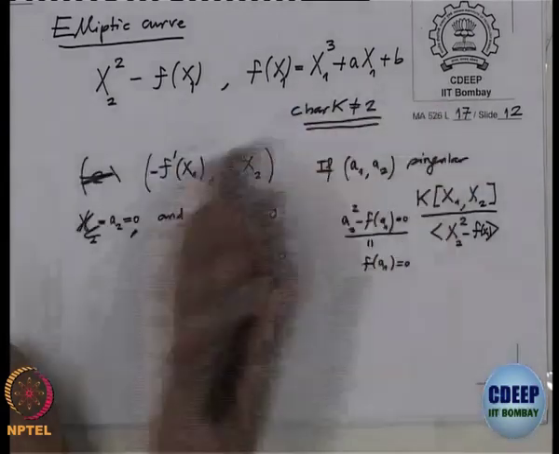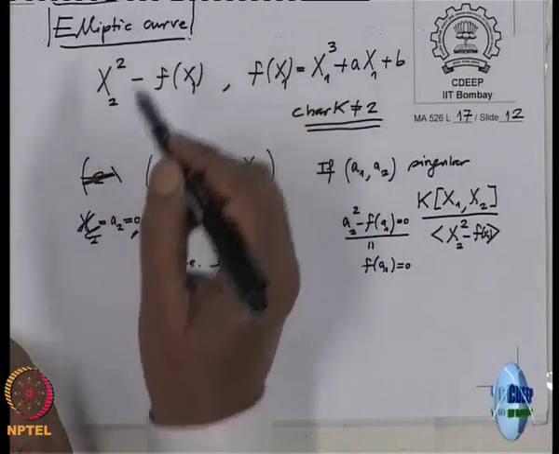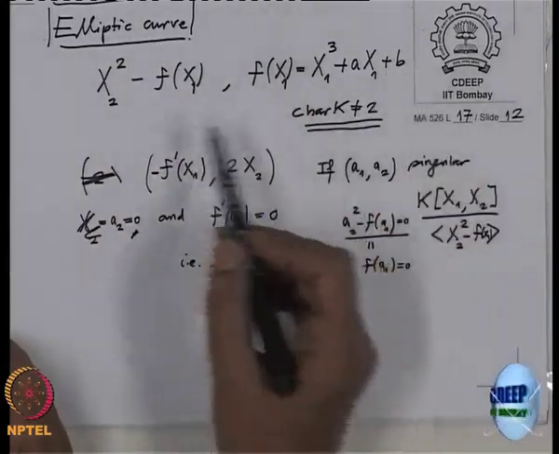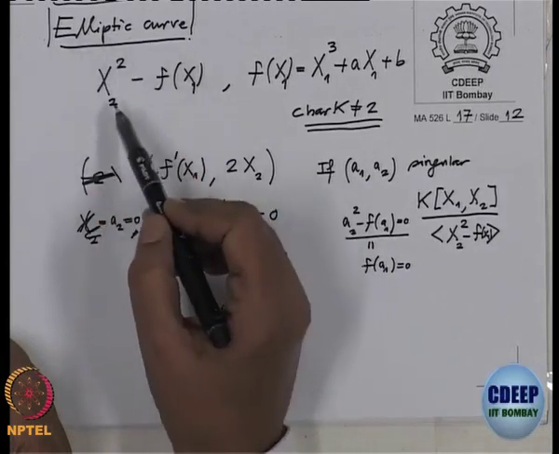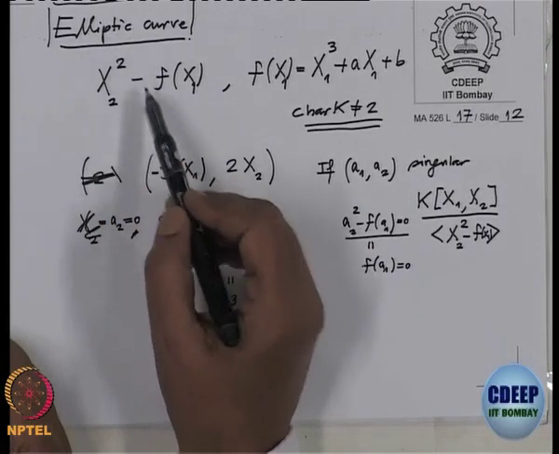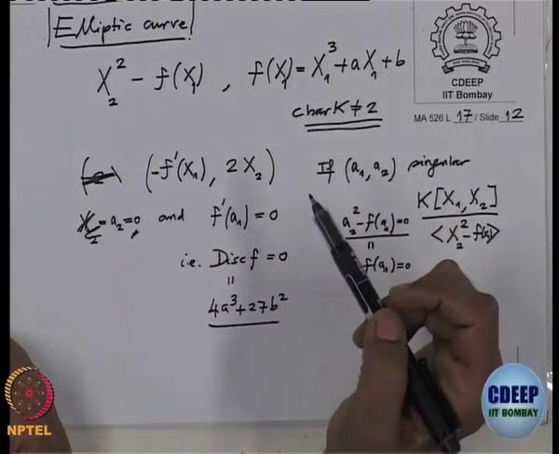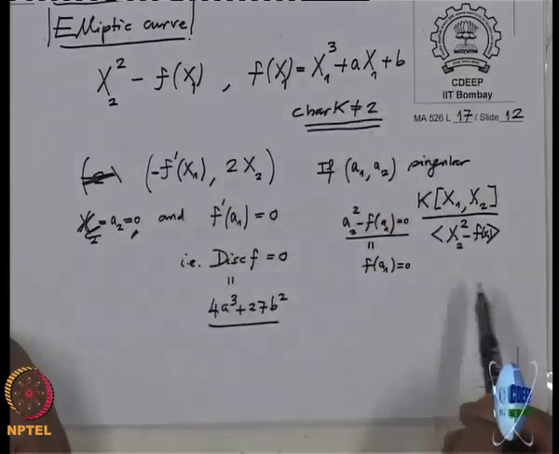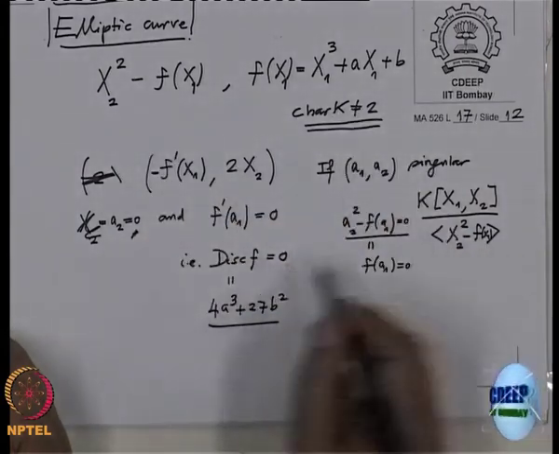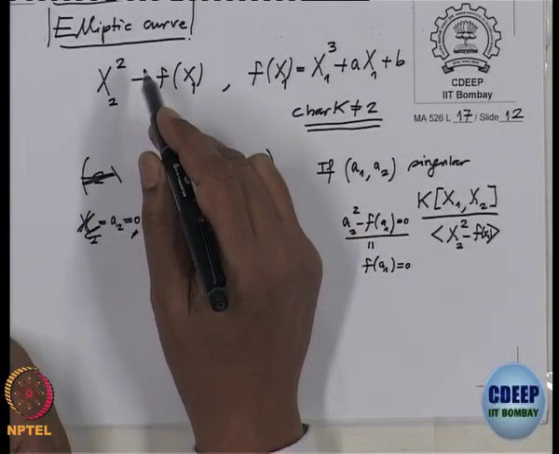So, such a curve is called an elliptic curve. You would probably learn somewhere that elliptic curves are precisely x2 square equal to a cubic polynomial in x1 with distinct zeros, because we want non-singularity. What we checked is this curve has no singular point.